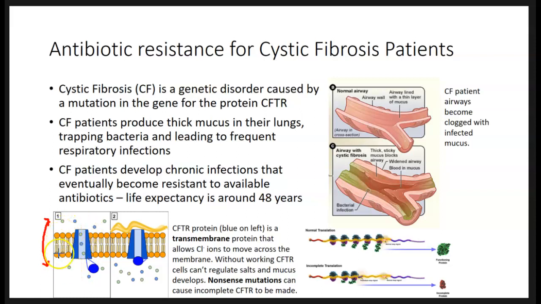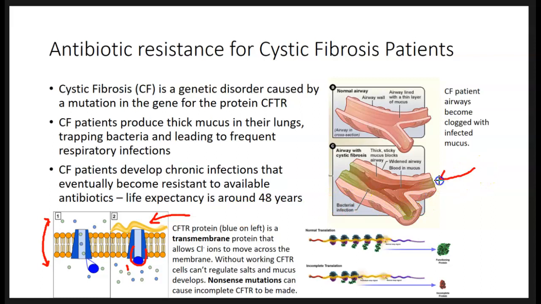It also controls the movement of water in and out of the cell. So people with mutations in CFTR that prevent that transmembrane protein from transporting ions in and out of the cell develop a thick layer of mucus along their epithelium.